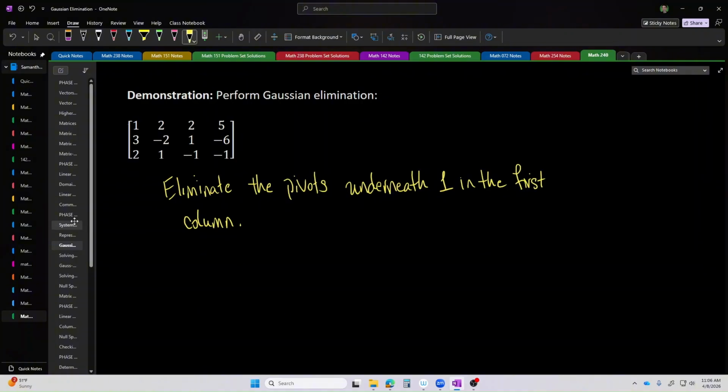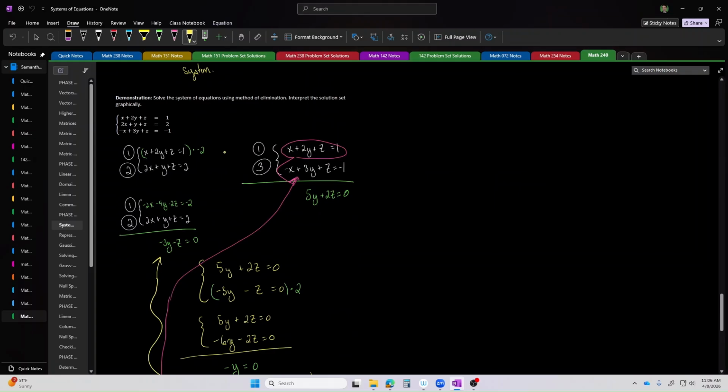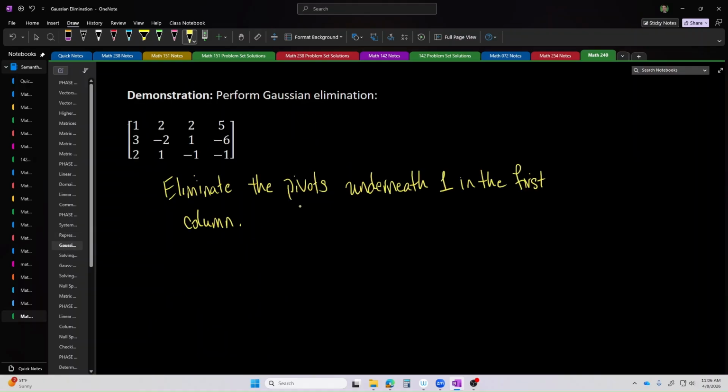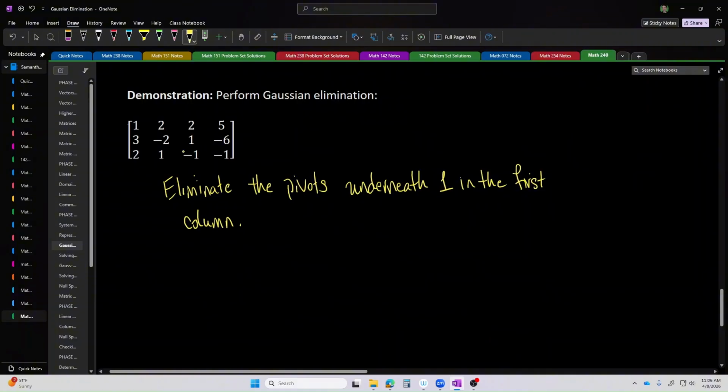So once again, this is analogous in terms of the method of elimination to scaling the first equation and adding it down into the second equation to try to eliminate the x's from that equation. So in this case, if I want to get rid of this 3 here, I need to take row 1 and I need to scale it by minus 3.